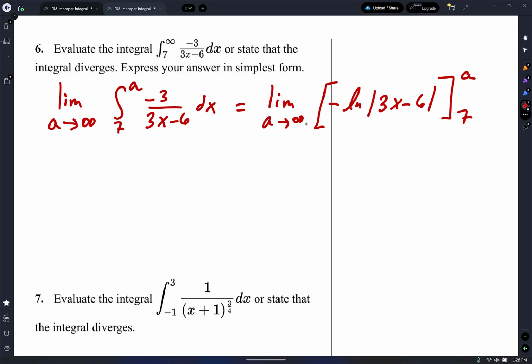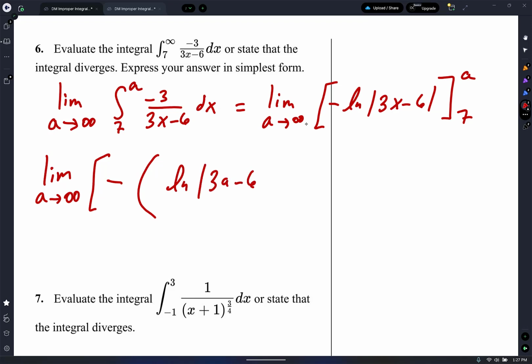Are we okay so far? Okay. Next, I'm going to go ahead and factor that. So I'm still going to write limit because I haven't solved it, as A approaches infinity. If you wrote B, that's fine. No big deal. Bracket, negative infinity, giant parenthesis. ln, absolute value, 3A minus 6, close the absolute value, minus ln, absolute value.